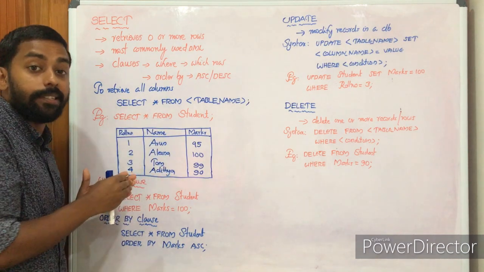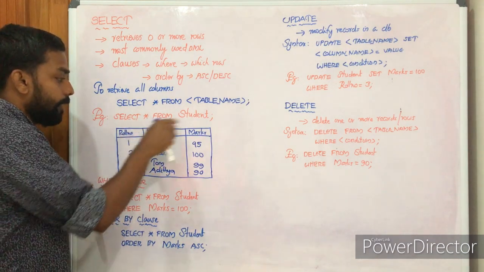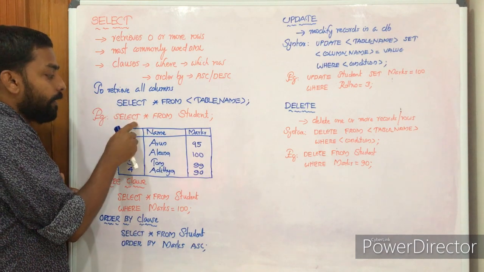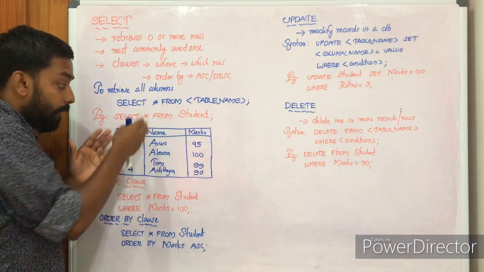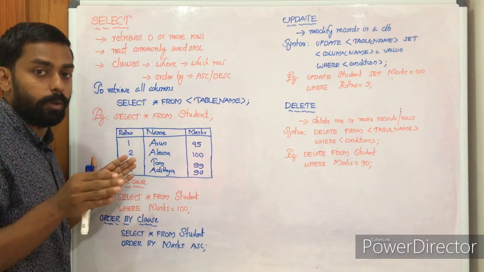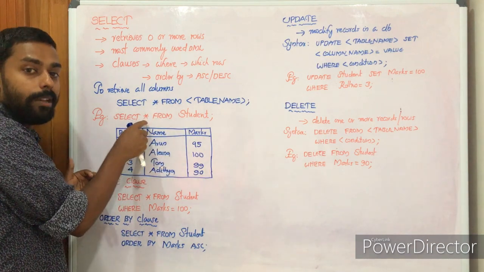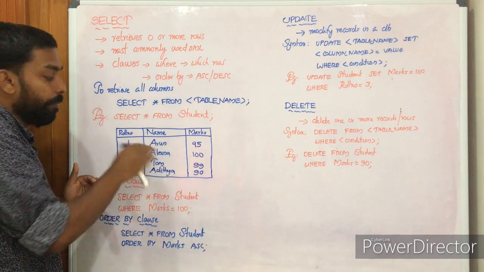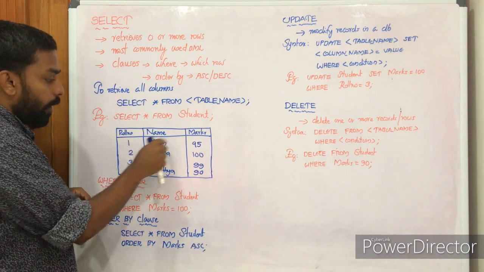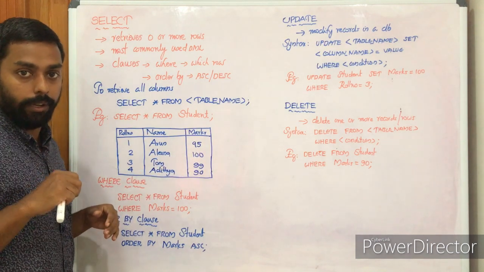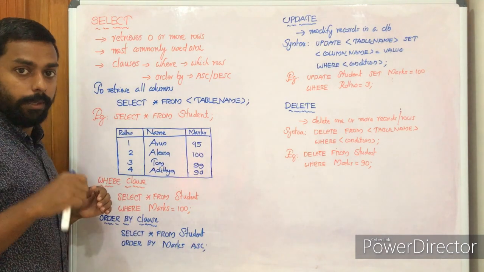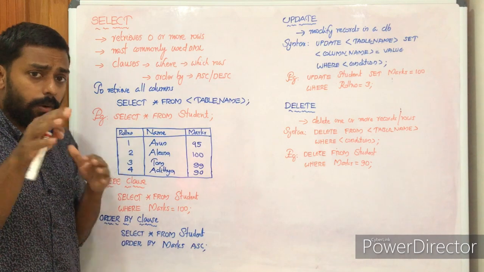Here is the resultant table of this select star from student. We have roll number, name and marks as the columns in the actual table student. So by using star we can retrieve all the columns, and all the rows as well: 1 Arun 95, 2 Alina 100, 3 Tom 99 and 4 Aditya 90. Another possibility: I have written only this select star.